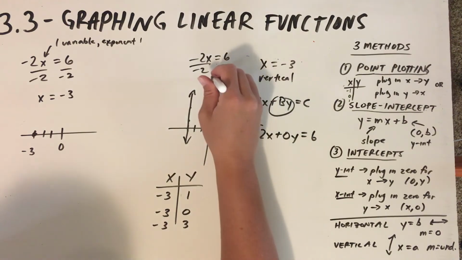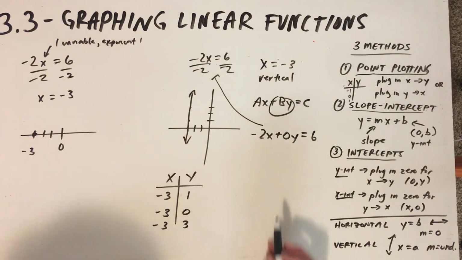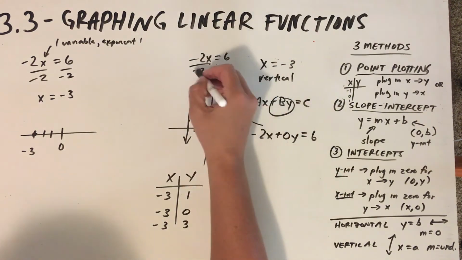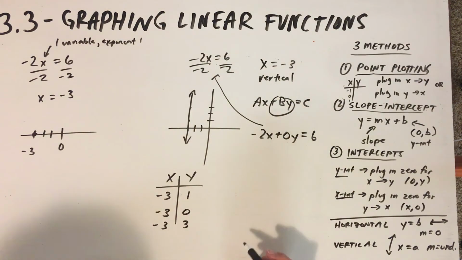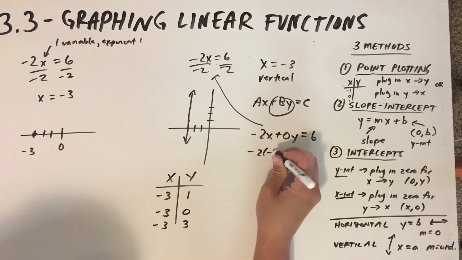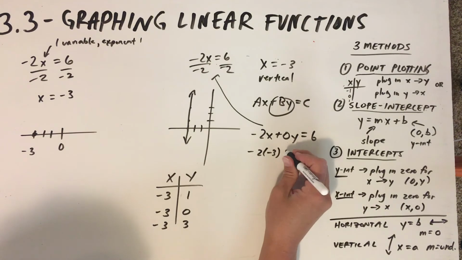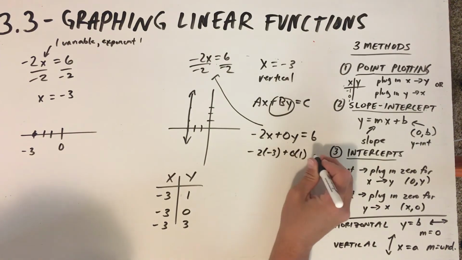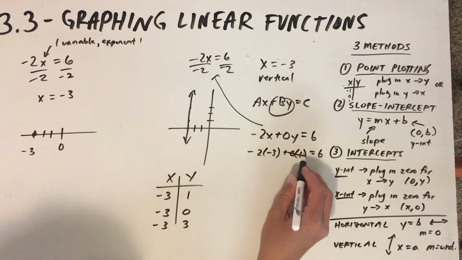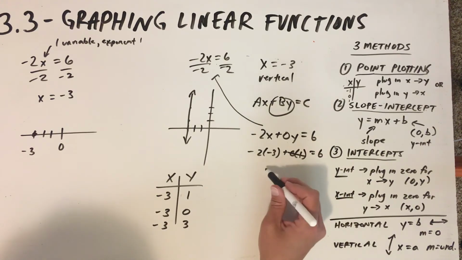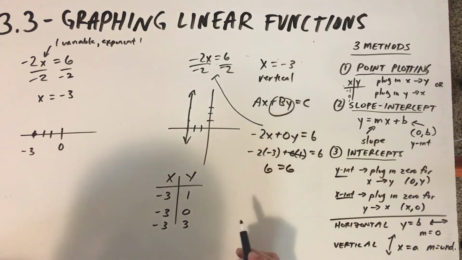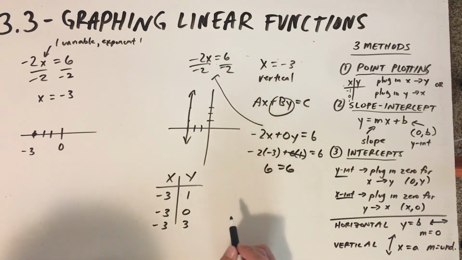I'm just rewriting this equation in standard form. Because there's no y in this equation, we know that the coefficient was 0. So now I can try plugging this in, and you can see a lot easier that 0 times anything just makes this 0. Okay, so 6 equals 6, this is a true statement.